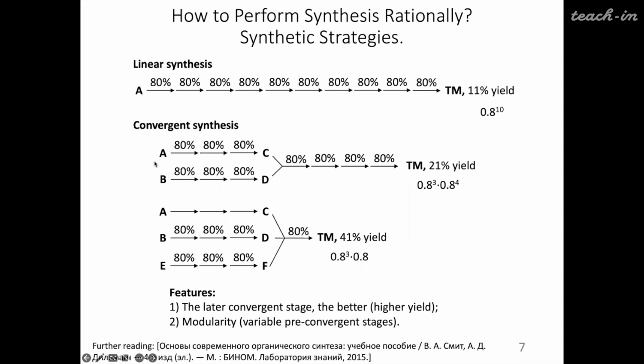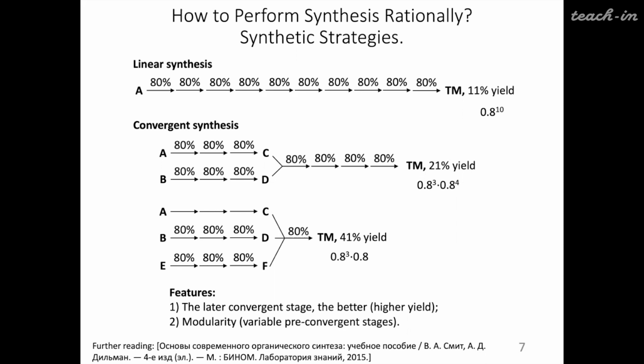So we first can synthesize C in 3 steps and D in 3 steps as well. Combining these precursors and continuing synthesis in several steps will get us the target molecule with a yield of 10 to 1%.